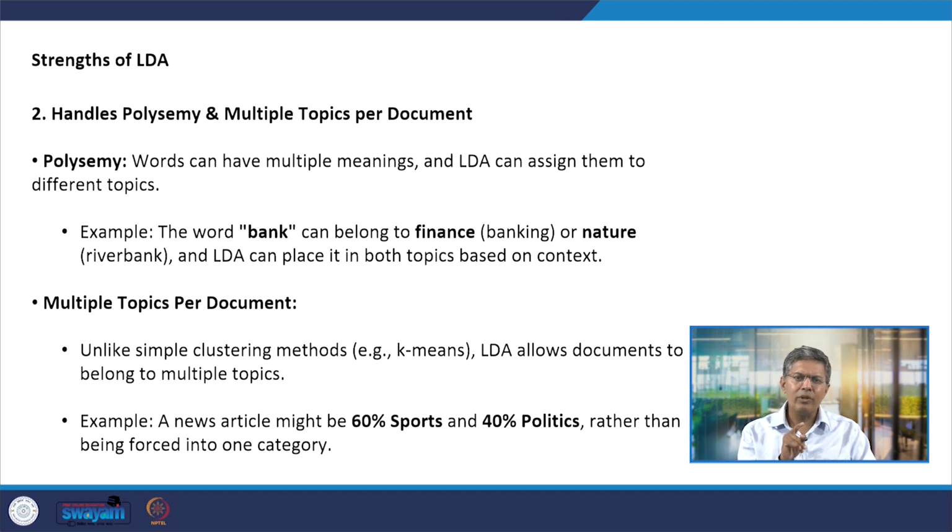But LDA allows you to fall into two different clusters or more than that also. This is the benefit. So, a news article might be 60% sports and 40% politics, rather than being forced into one category. There could be politics in sports also, but that will not get separated into a single category. So, this is what the LDA technique helps you with.